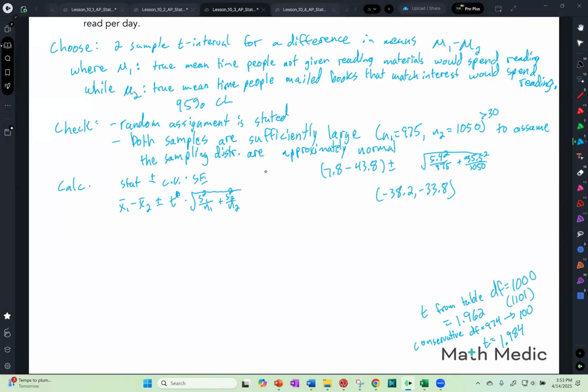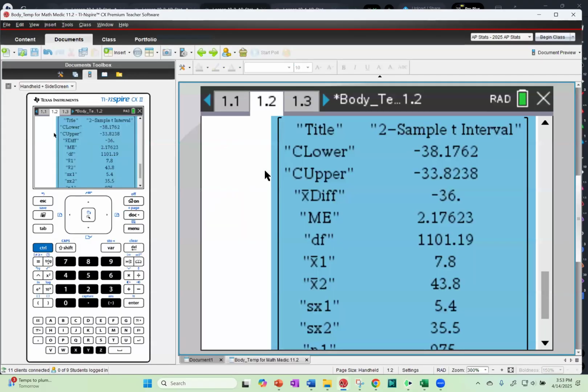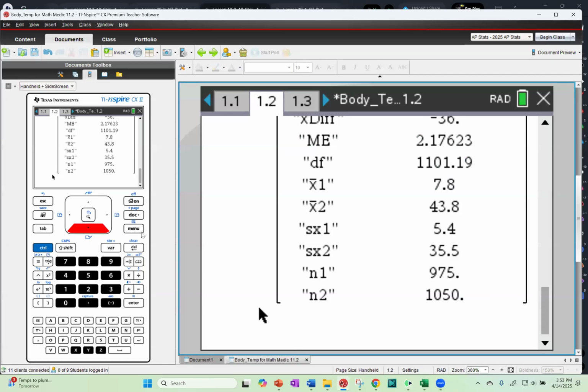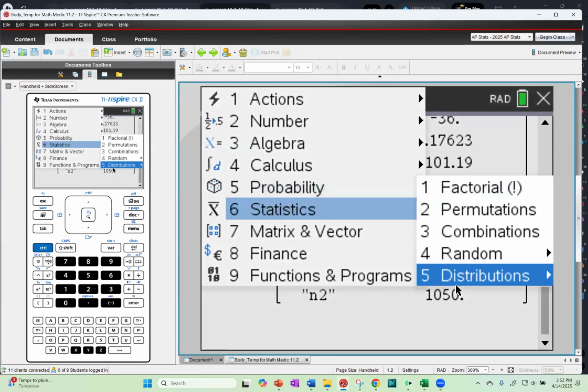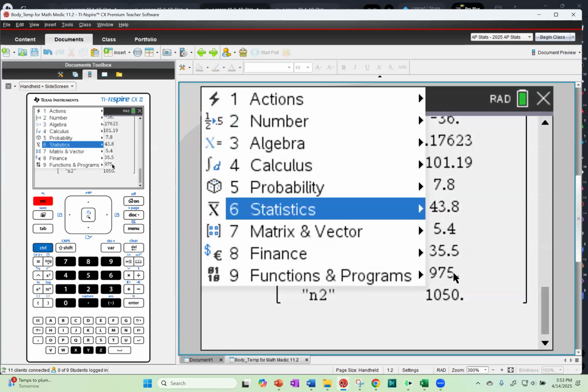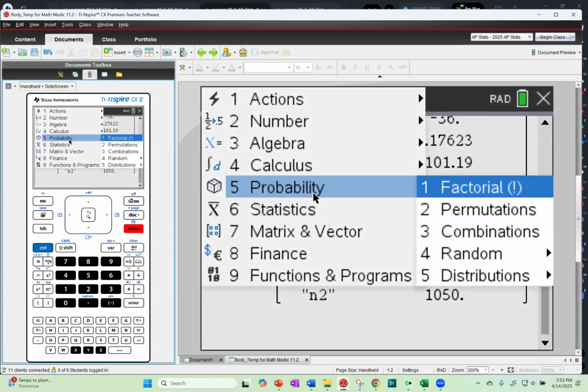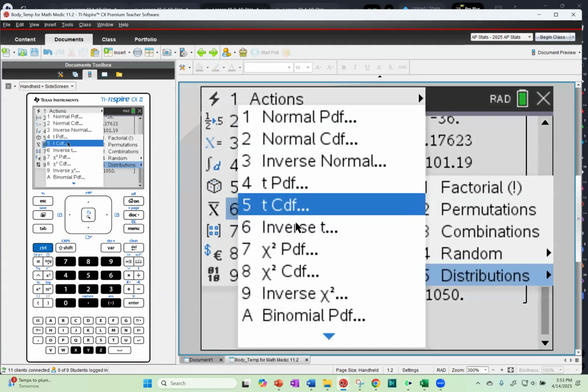But you need to be aware that if you're using the Inspire, it's going to give you a t based on the calculator. Off of the calculator, we would go Menu, Probability, Distributions. Actually, let me write that number down: 1101.19. Menu, Probability, Distributions, Inverse t.